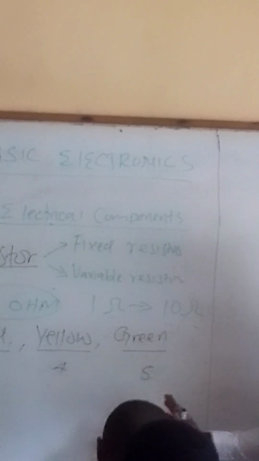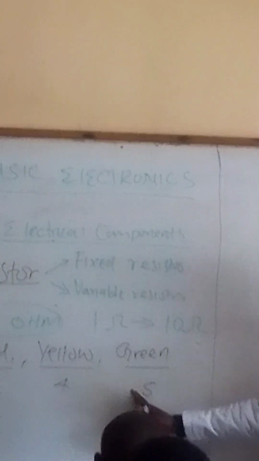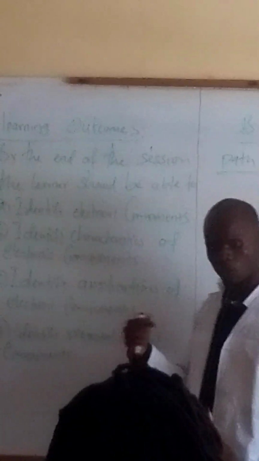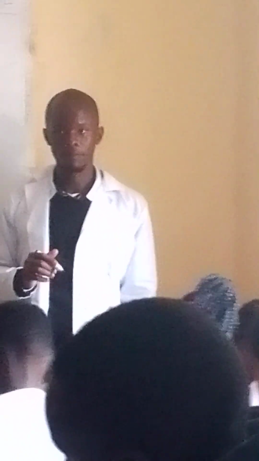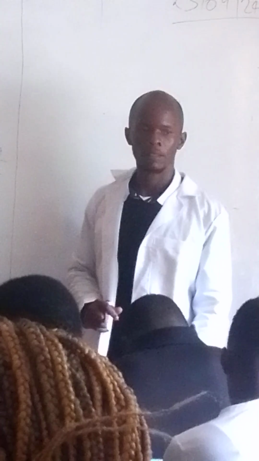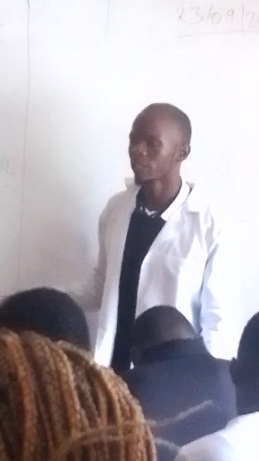Now the third band shows what? Read me the next column. Multiplier. So you have 2, 4 and then 5; the third band says what?